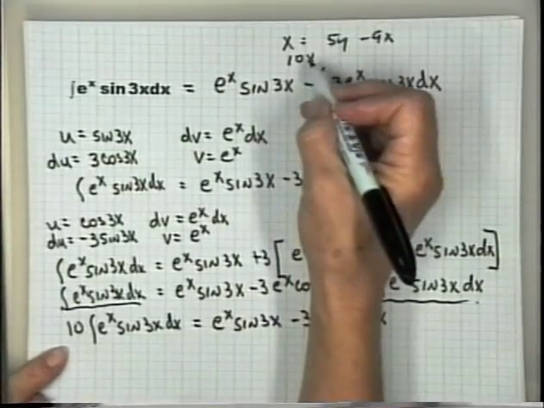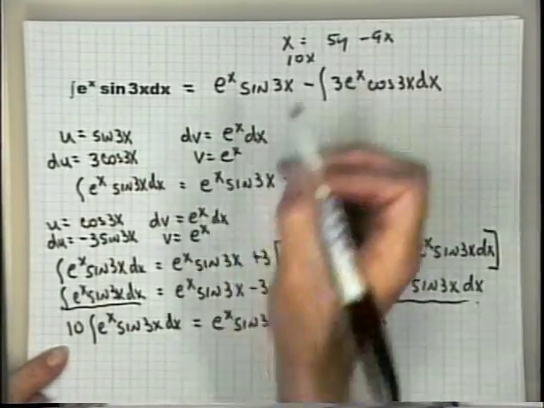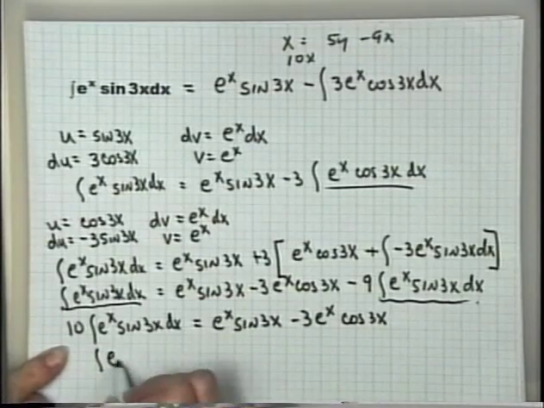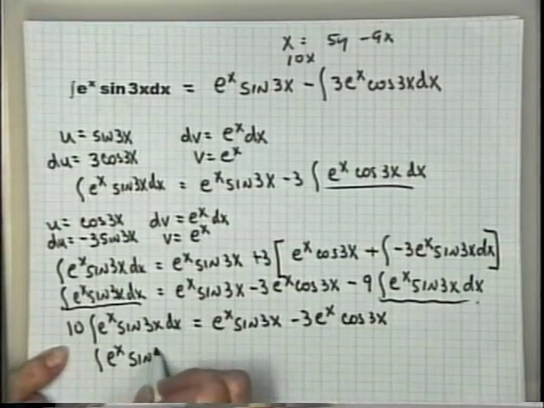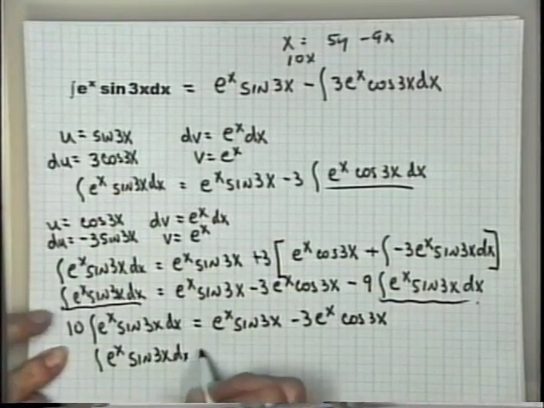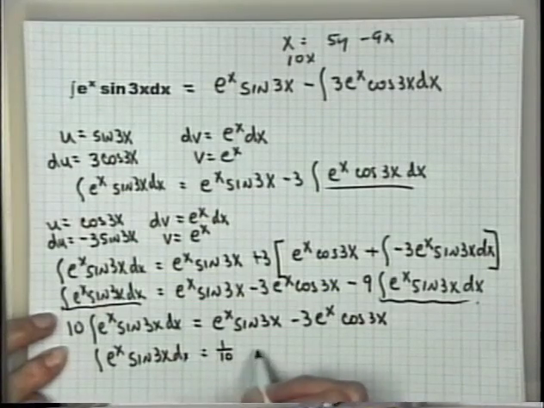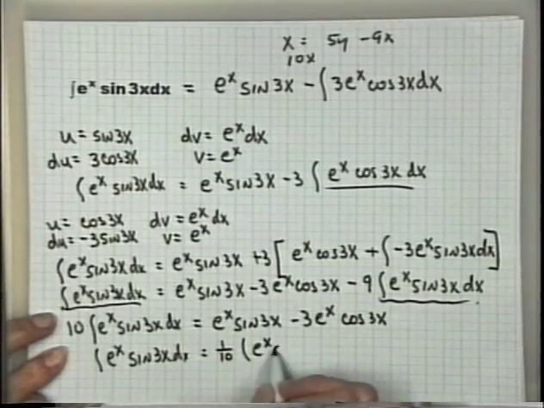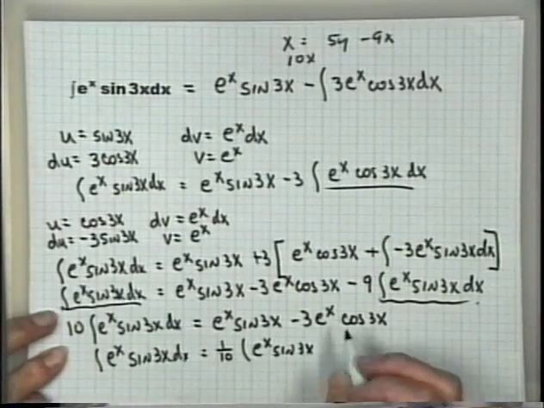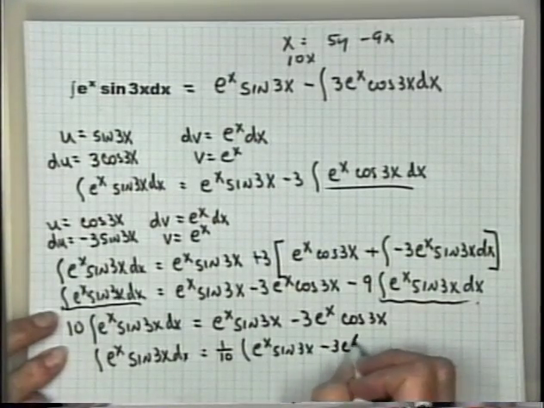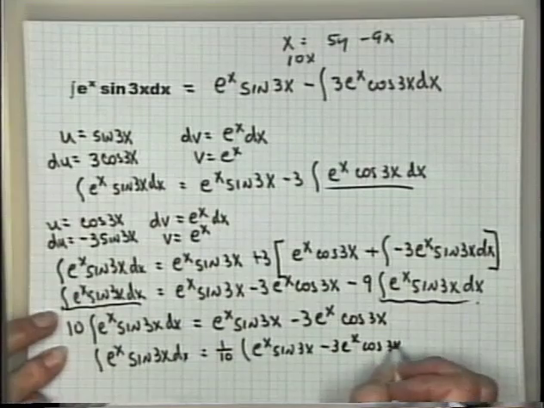Then, similar to an equation like this, if you solve for x, you divide by 10. I'm going to divide by 10. So the integral of e to the x sine 3x dx is going to be 1/10 of e to the x sine 3x minus 3 e to the x cosine 3x.